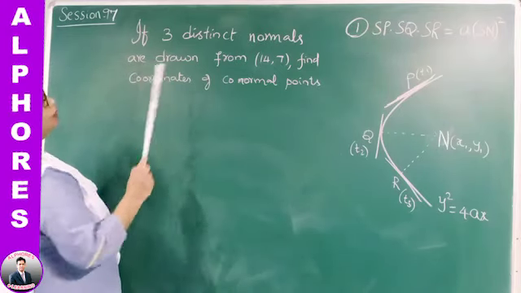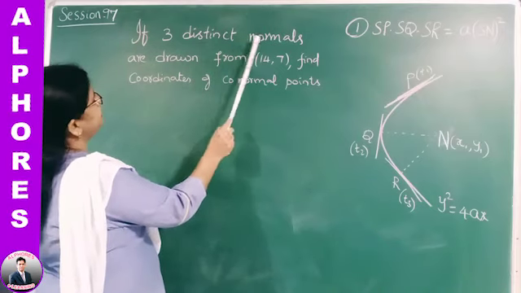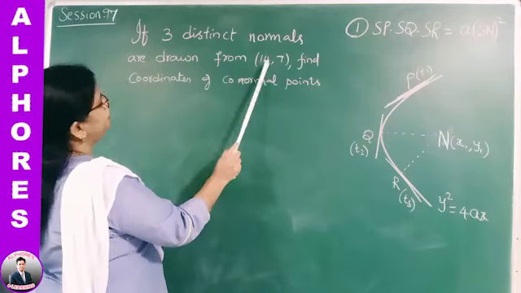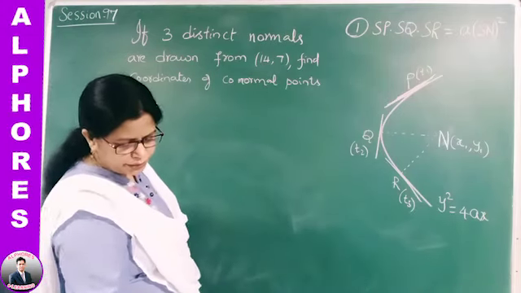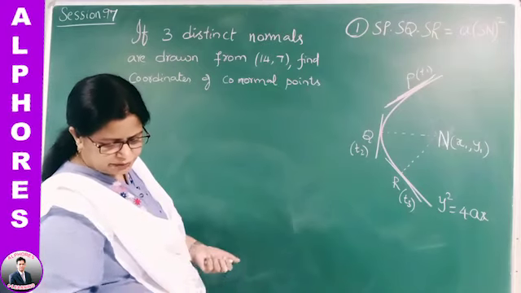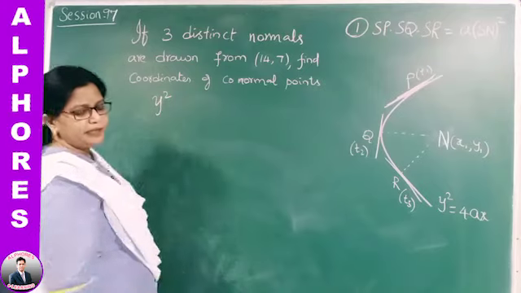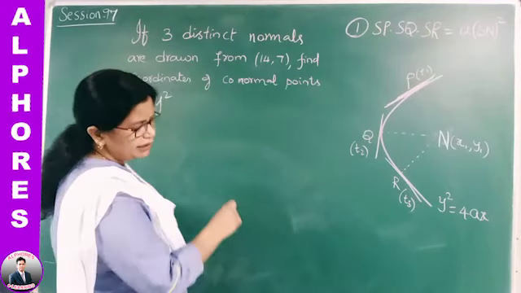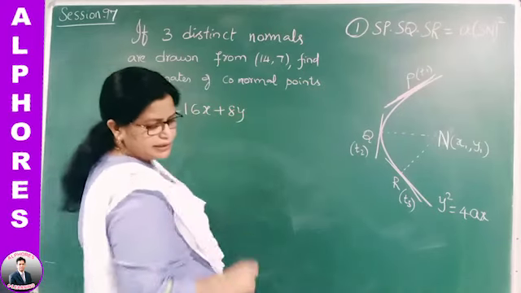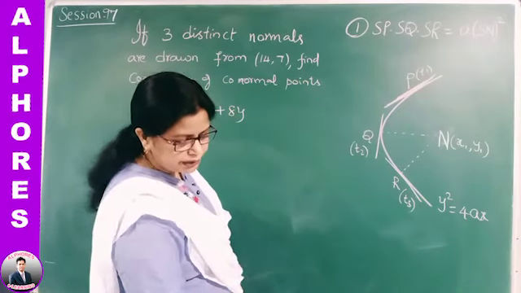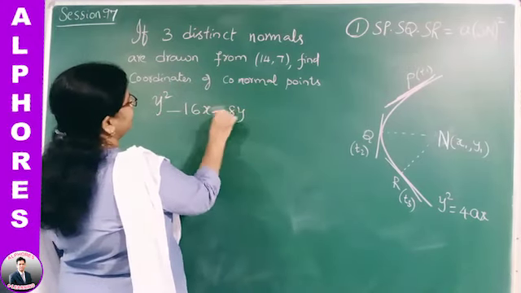Now, how do they ask problems on the parabola? If three distinct normals are drawn from the point 14 comma 7 to a parabola, the parabola equation is given as y square minus 16x minus 8y equal to 0.